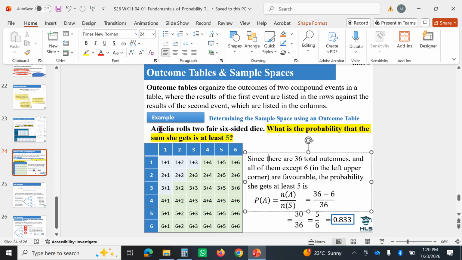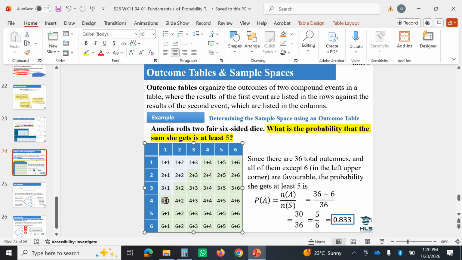So let's have a look. Amelia rolls two fair six-sided dice. What is the probability that the sum she gets is at least 5? That means you have to add up all the different combinations, there are 36, and once you add them, you need a number of at least 5. Well, 6 and 6 is 12, 6 and 5 is 11, 10, and you go through, these are all greater than 5.